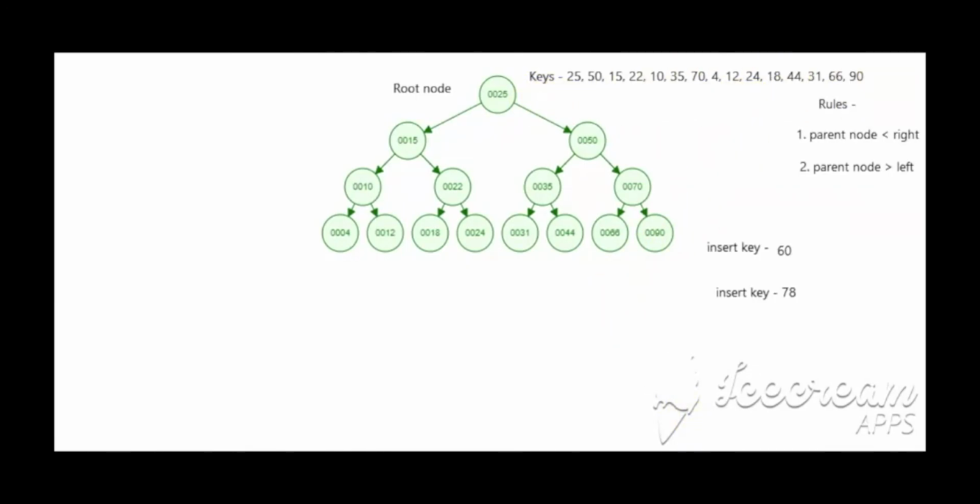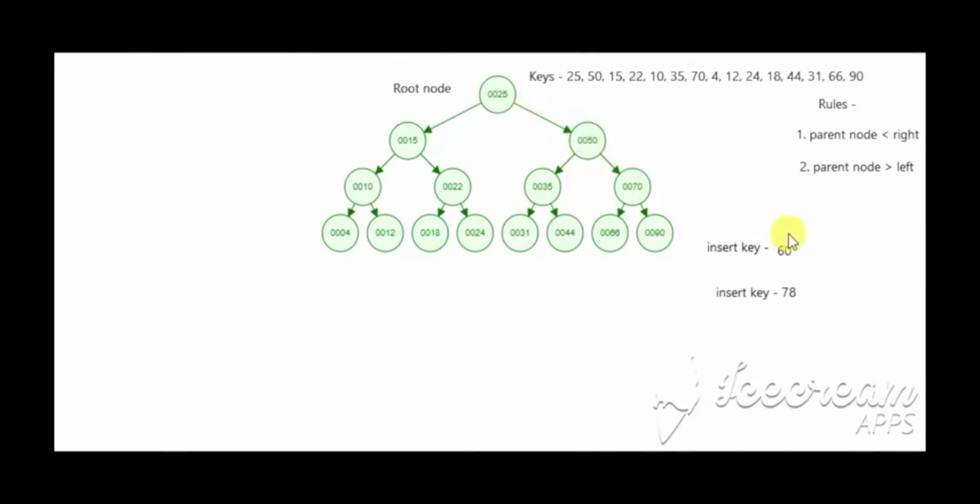Another thing is, if you want to add another element in this binary search tree, then this element will be located at the end. So if you want to add 60, then 60 will first compare with 25. 60 is greater than 25, so 60 will go right.